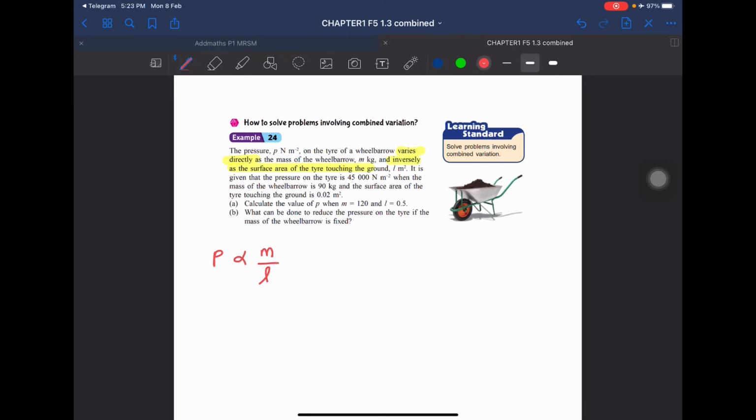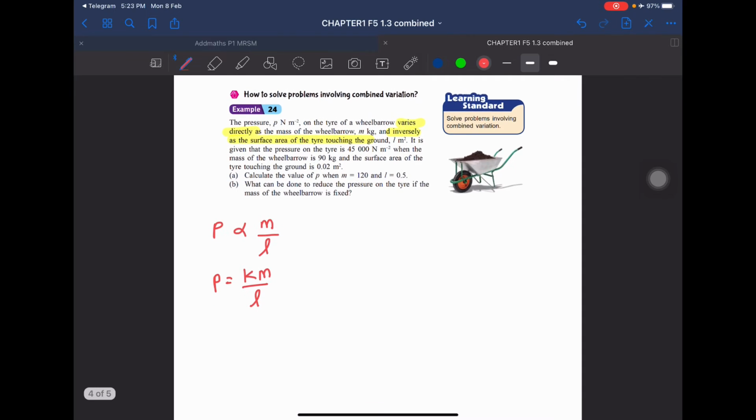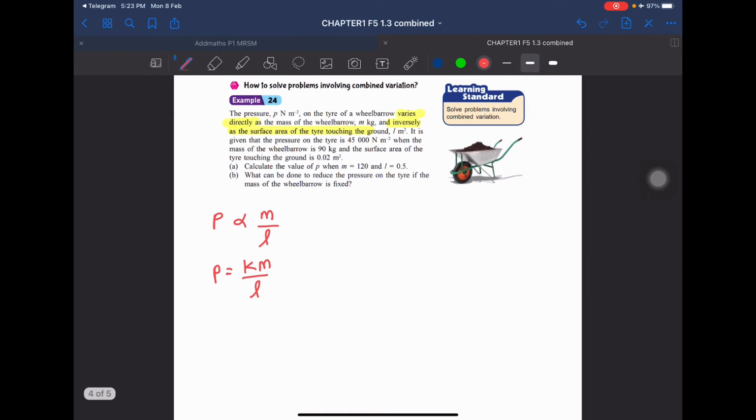So next you need to convert this form into the equation form. So P is equals to k, don't forget k, M over L. Just like the previous one, you need to find the value of k, this constant, by substituting the given information from the question.